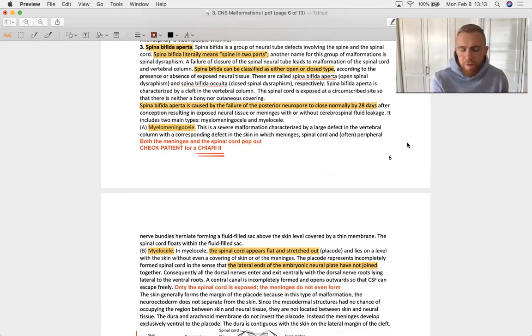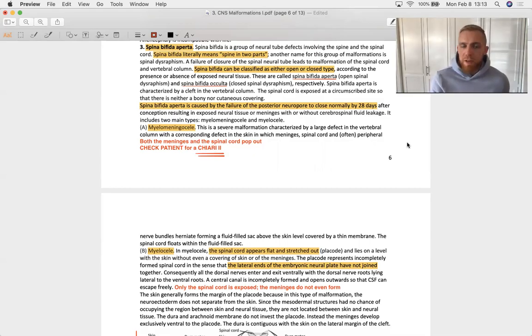How your vertebrae form is you get the body and then you get some transverse arches and then they make an arch in a spinous process. And so they go from lateral to medial. And so if they don't meet in the middle, then there is room in between that bone for the spinal cord to just pop straight out. And so that leads to open spina bifida.